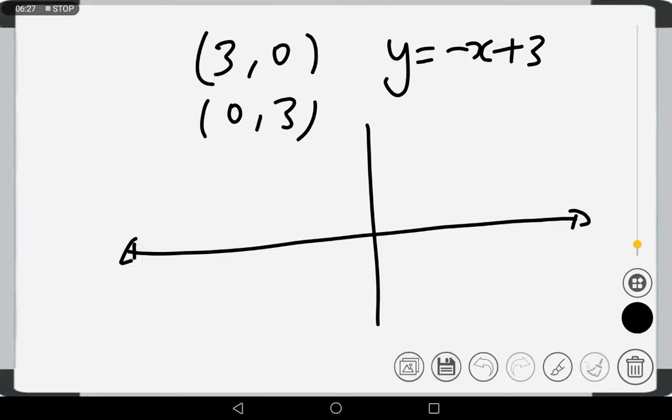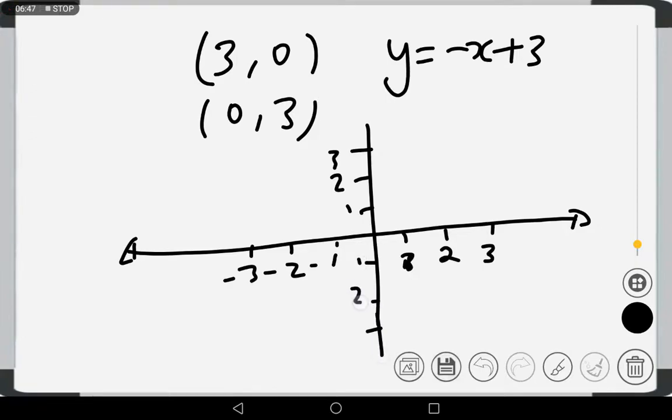So we can plot this equation. I draw the axes, 1, 2, 3 on each side, positive and negative, with 0 in the middle. The horizontal line is my x and the vertical line is my y.